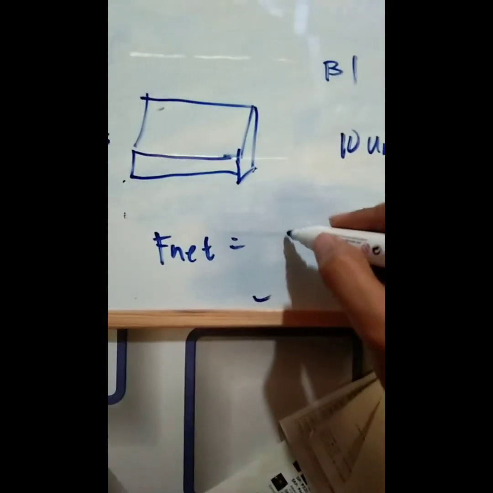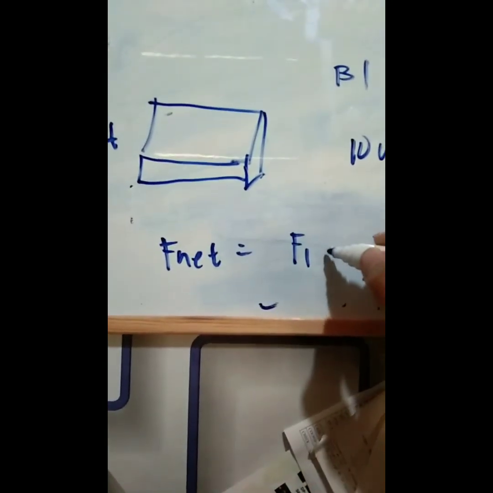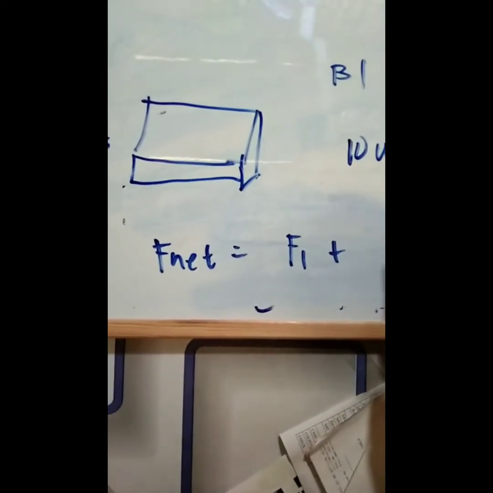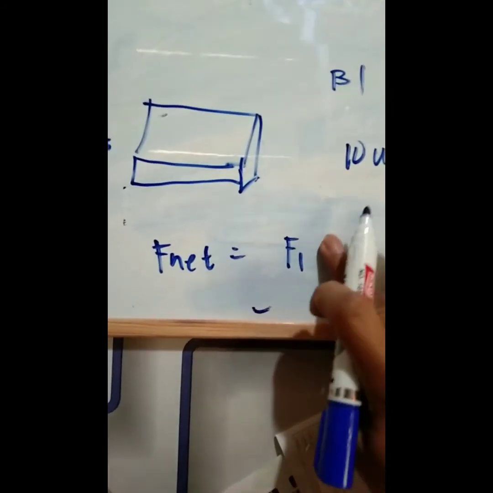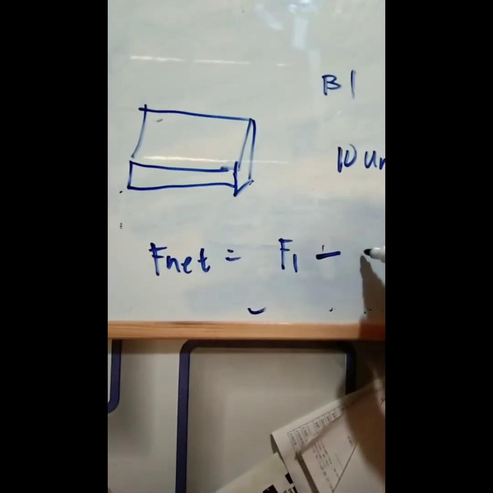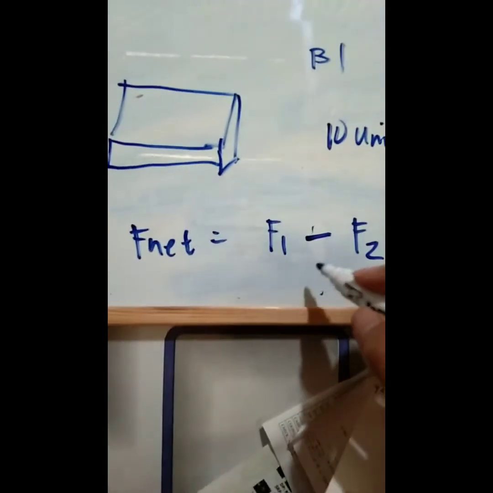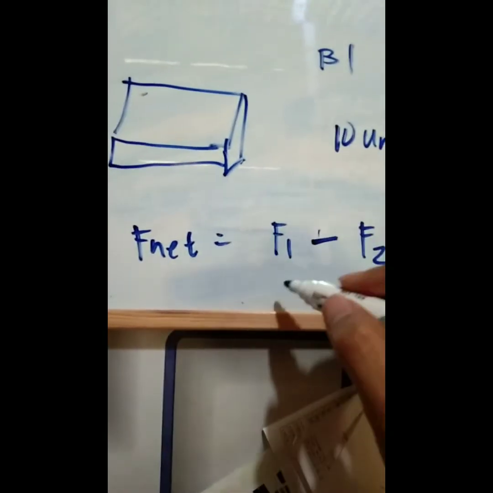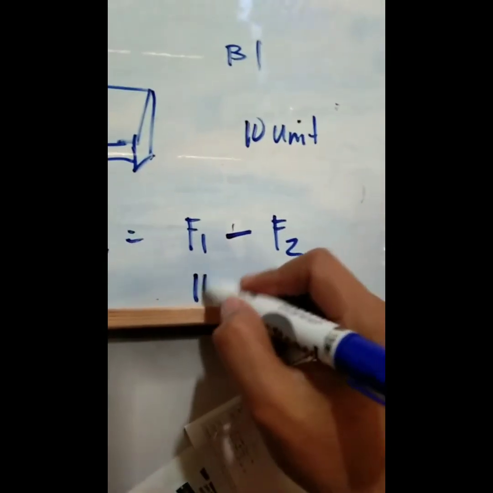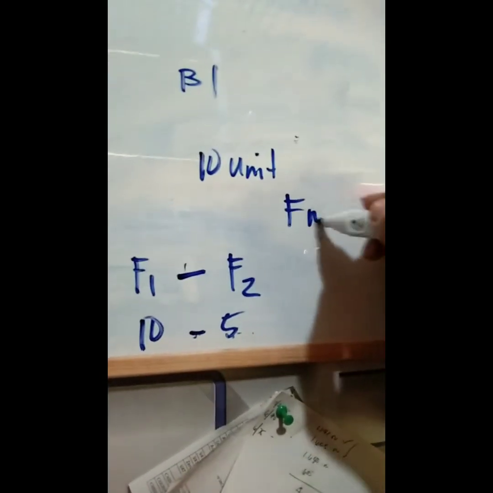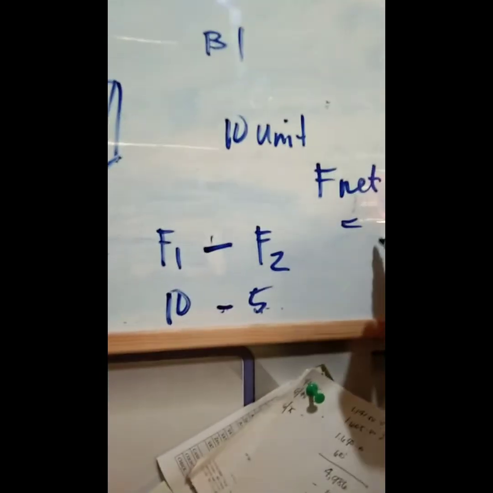So this is force 1, which is represented by boy 1, this is 10, and then force 2 represented by boy 2, this is 5. So the net force in other words is 10 minus 5, so that is actually 5.